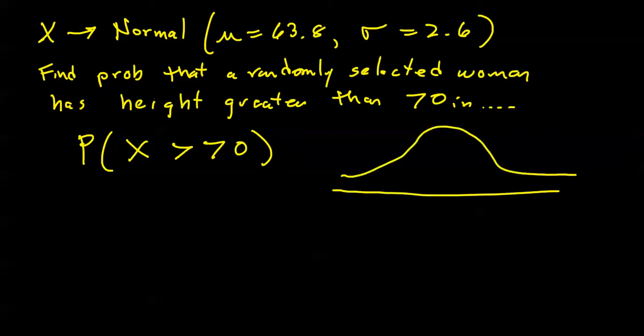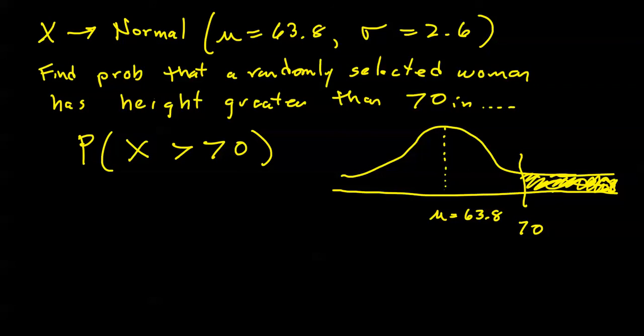Again, if I was to draw a picture of the bell-shaped curve, the normal curve peaks at the mean of 63.8. Now 70 I'm going to draw up here somewhere. So I want all the area under that non-standard normal curve to the right of 70. As you might think, this probability is on the small side.